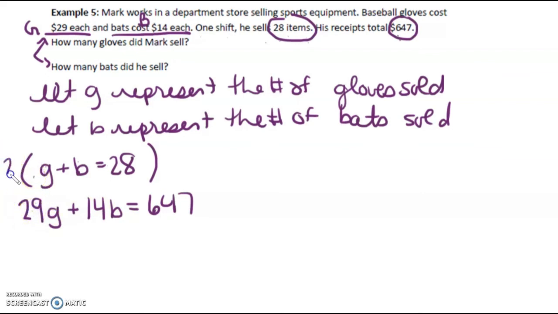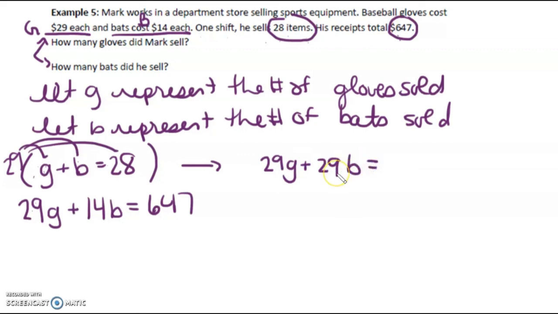So 29 times G, 29 times B, 29 times 28. We're going to get 29G plus 29B equals 812. In this second equation, we're just going to bring over 29G plus 14B equals 647.